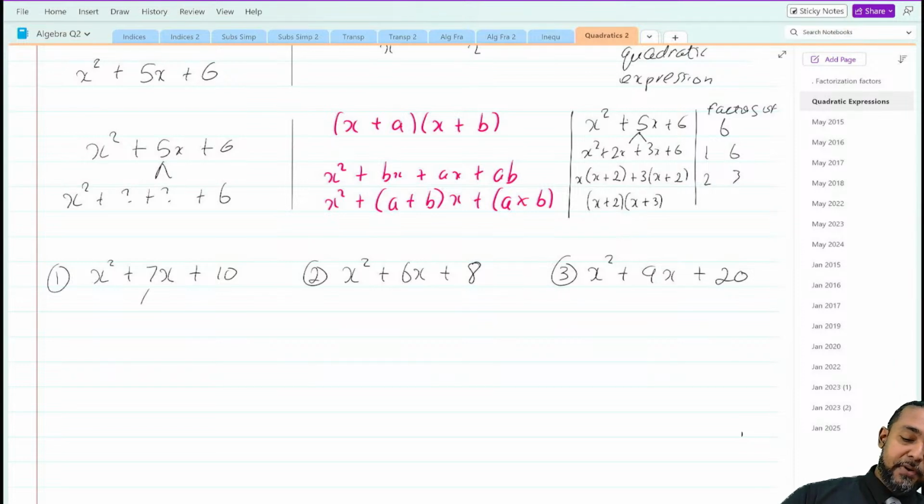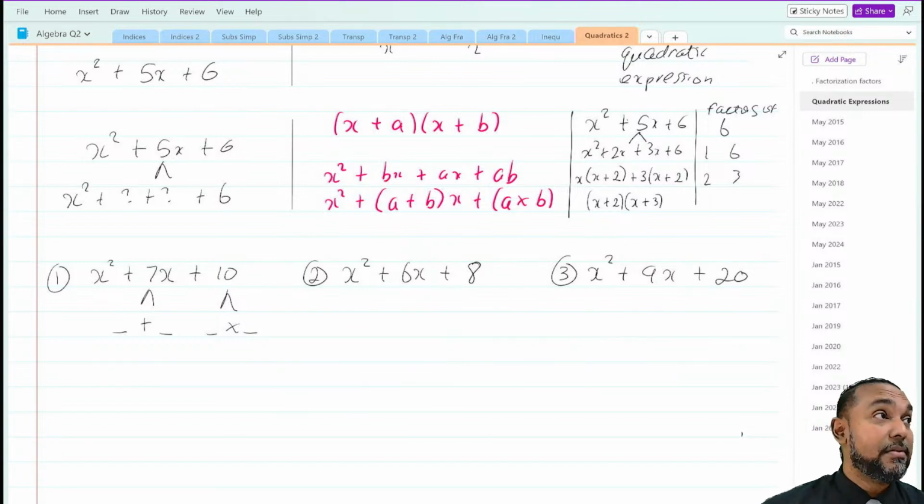We're trying to figure out what two numbers, when I add them together, will give me 7. That will also give me 10 when I multiply. So it's easier to think of the factors of 10 than to think of the addends of 7, because 7 could have many. Could have 1 plus 6, 2 plus 5, 3 plus 4, 0 plus 7, right? And if you go negative, it's a whole bag, right? So let's focus on that one.